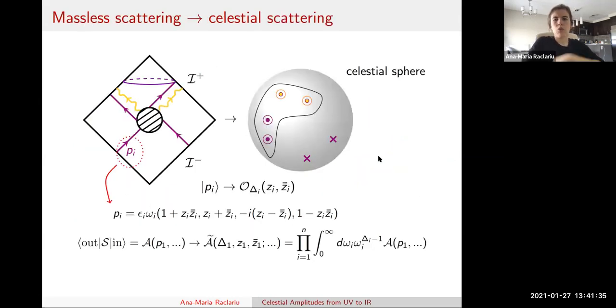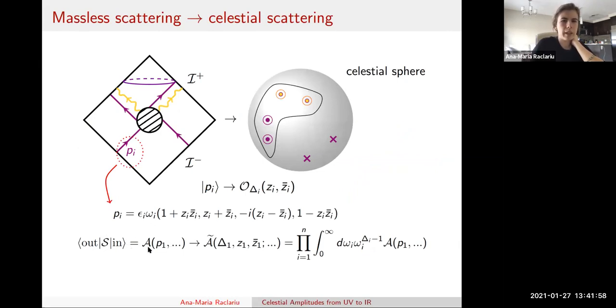Okay, so how do we go from momentum space amplitudes to celestial amplitudes? The idea is to start off with a scattering amplitude in momentum space. So for simplicity, we're going to restrict to massless scattering, in which case we know that the scattering amplitude is going to be a function of, in general, n momenta.